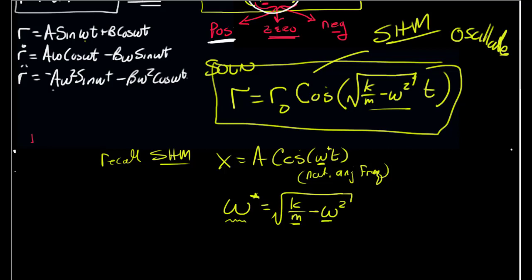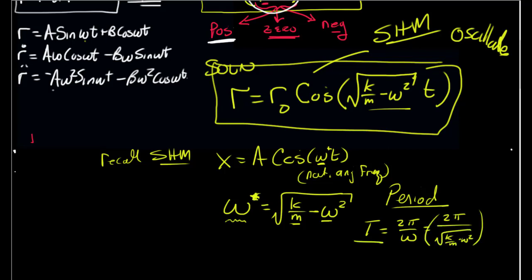If we wanted to find the period of an oscillation, recall that T was 2 pi on omega, which would be 2 pi over the square root of K on M minus omega squared now. So here we have a modified angular frequency constant for a simple harmonic system.